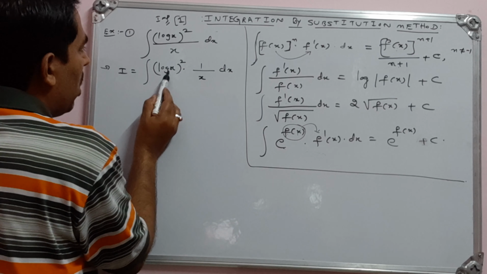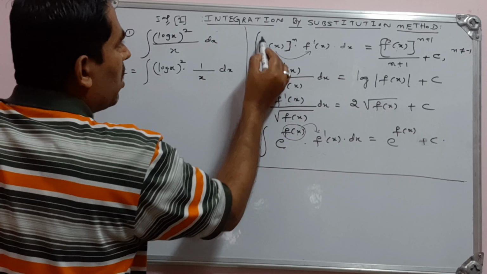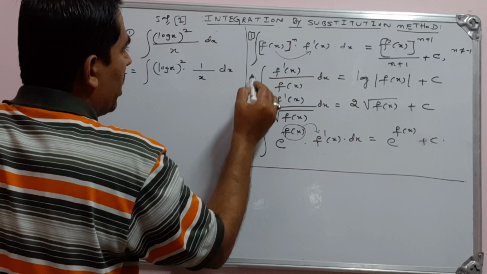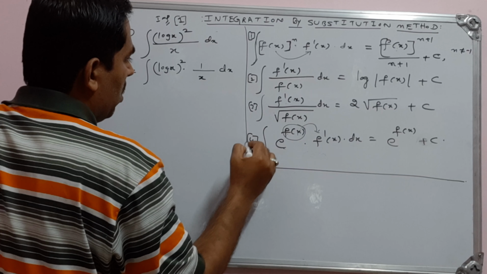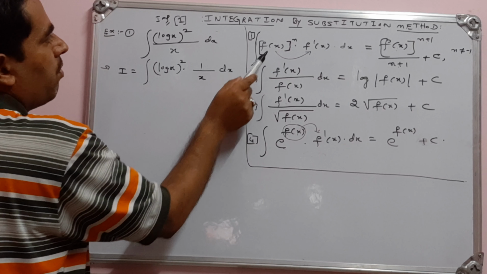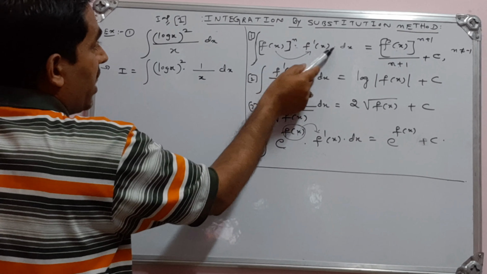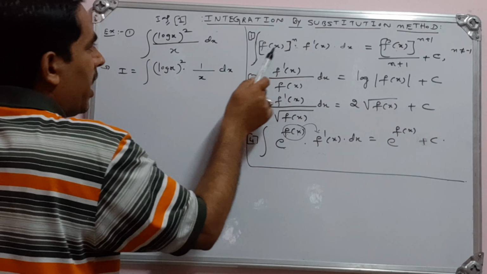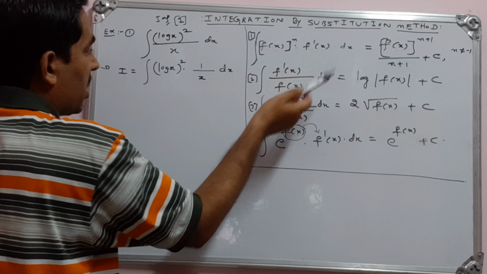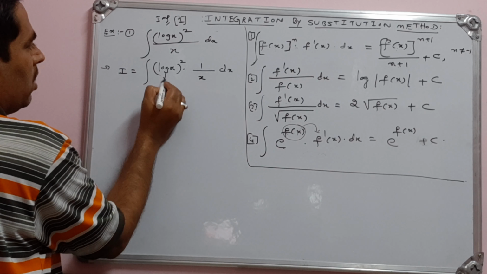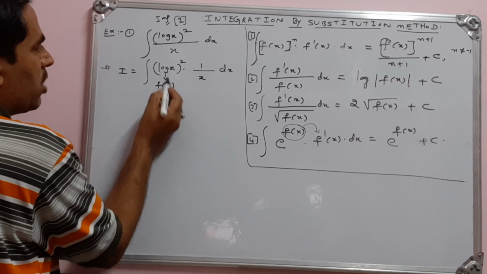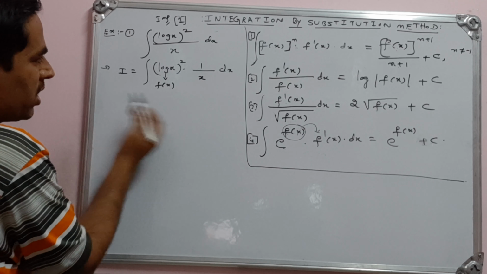What is the problem here? Log x whole square into 1 by x. This is the first standard form, f of x whole to the power of n into f dash x. Here you treat the inside quantity, log x, as f of x. So the function is log x; we can write separately, f of x is log x.